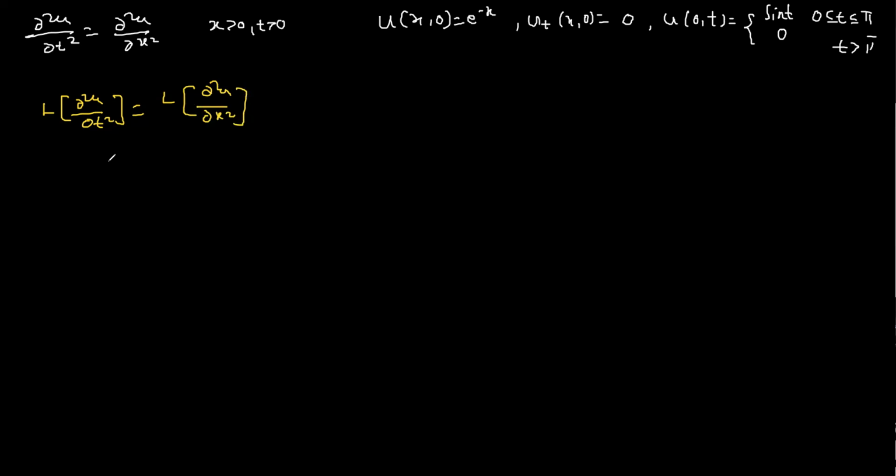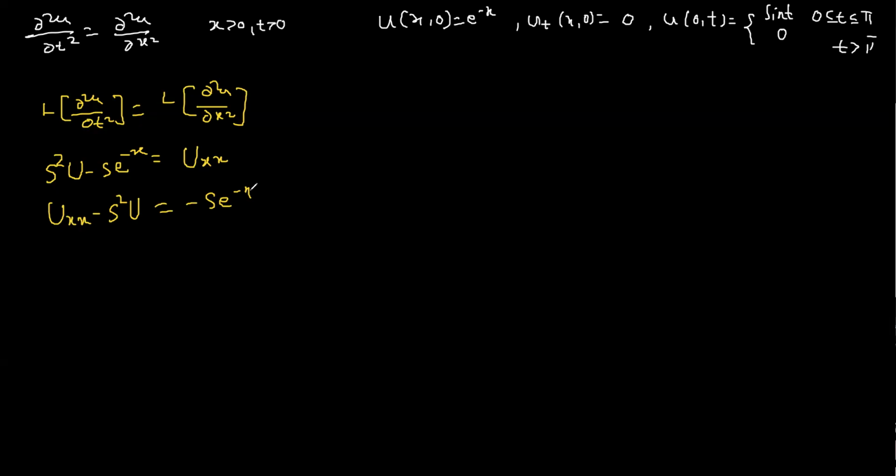Understood? Yes. So what is the Laplace of this? S square u minus sex, right? And this is what? Uxx. Uxx means derivation two times, right? Yes. So uxx minus s square u is equal to minus se minus x. Isn't it?